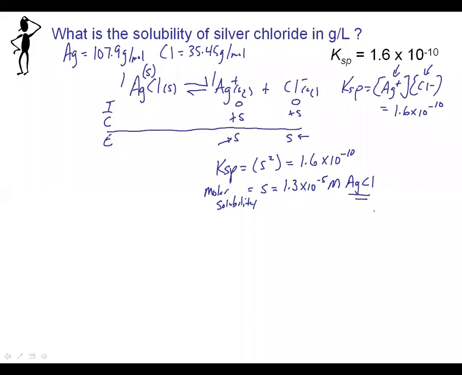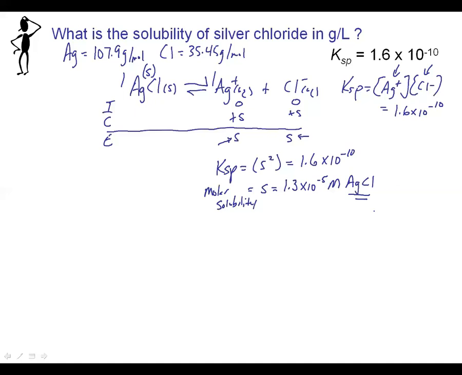And because typically when you do an ICE table and all this good stuff, you take that coefficient into account. Pretty much when you solve for S in these tables, that is the solubility of the entire thing, say the silver chloride in this case. It may not necessarily be the solubility of the ion, because it may have like a 2 in front of it or something like that.